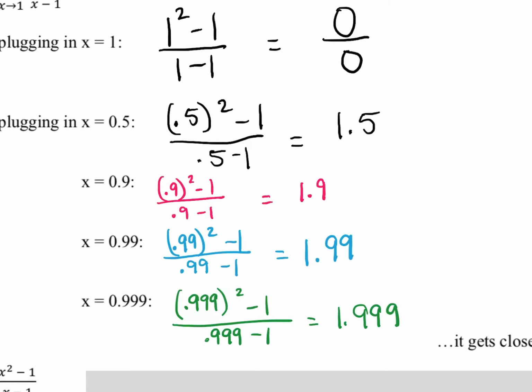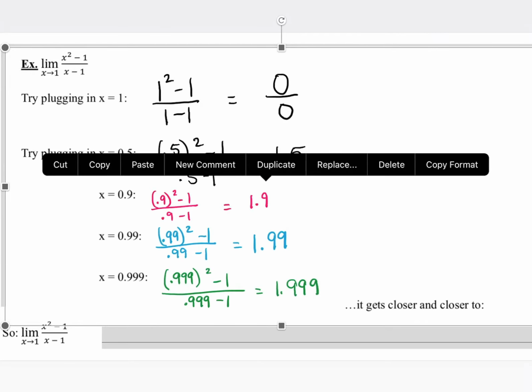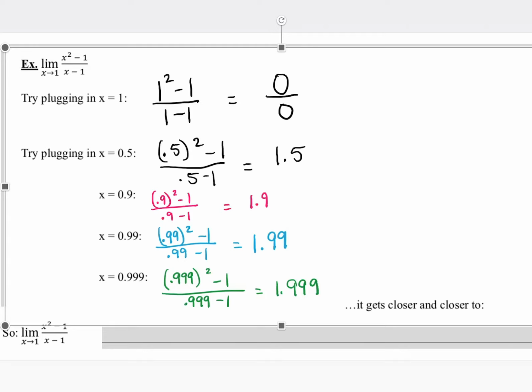So if we look at all of these values, they're getting closer and closer to the number 2. So this is saying that as x approaches 1, x squared minus 1 over x minus 1 gives us 2.